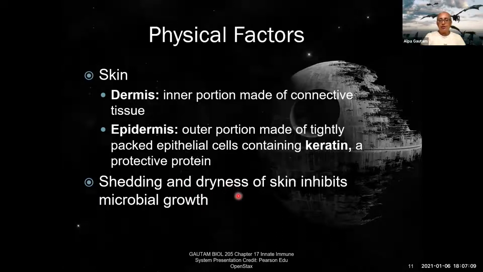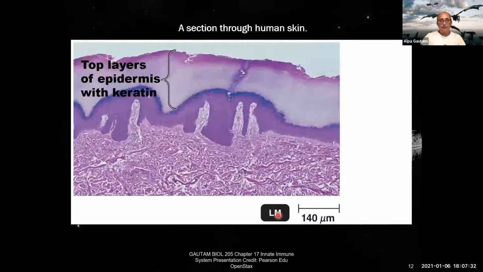Shedding and dryness of skin also inhibit microbial growth. Again, the very top layer of the epidermis consists of 30 to 40 layers of dead cells, so we're always sloughing off the topmost layer of our epidermis. And whatever pathogen was there is, of course, going to be released along with those cells that are sloughing off.